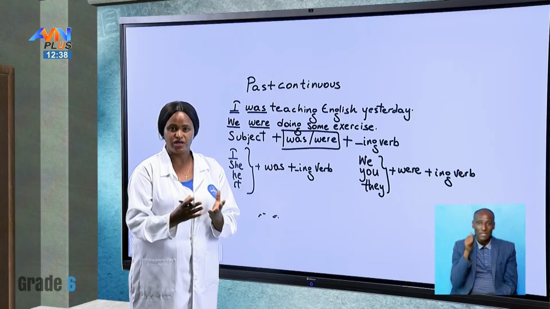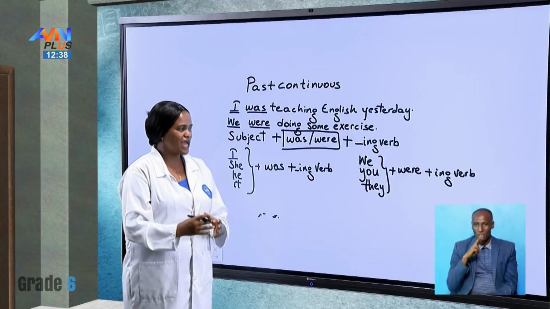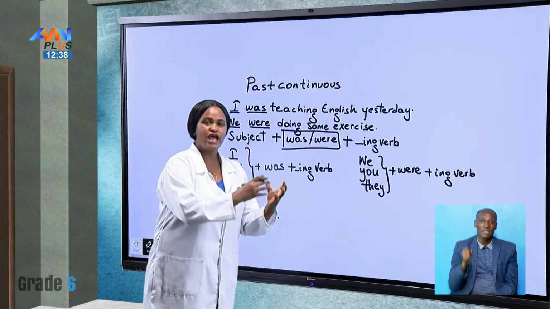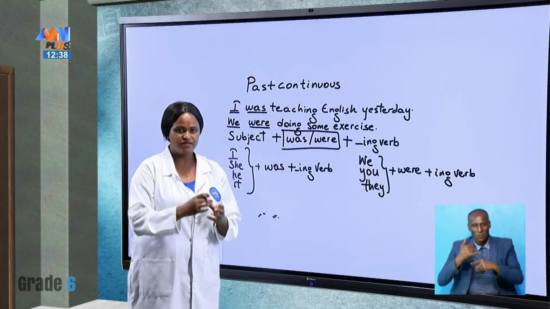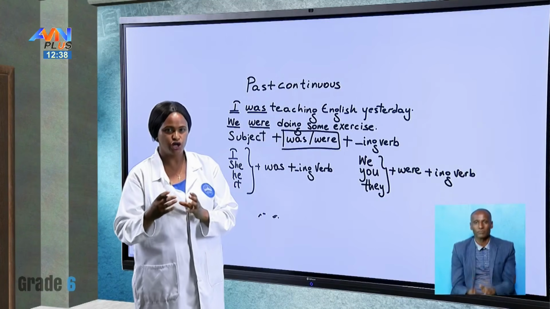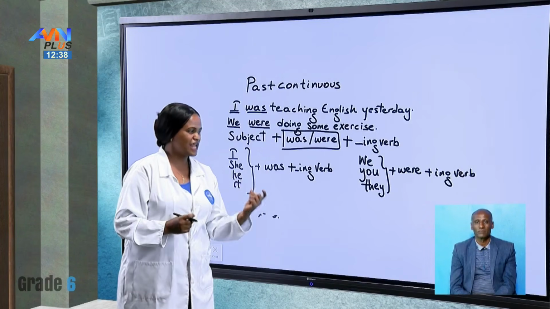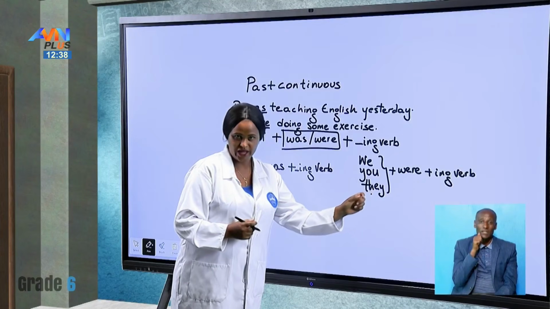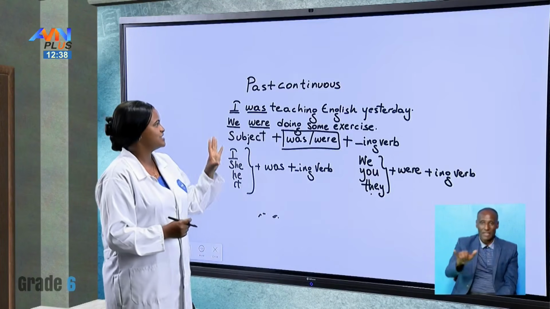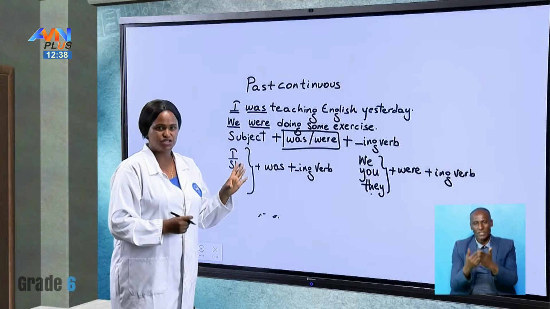That means it's plural. So what do we say? Senait and Ayantu were going together. You see? Senait and Ayantu were going together because Senait and Ayantu is replaced as what? They, right?